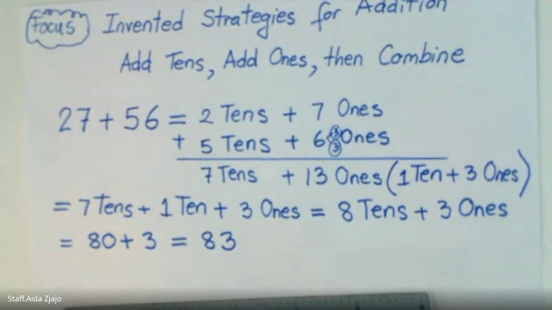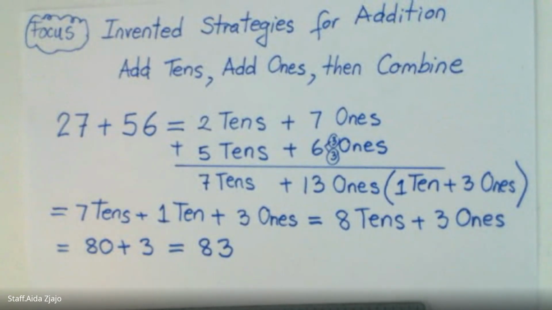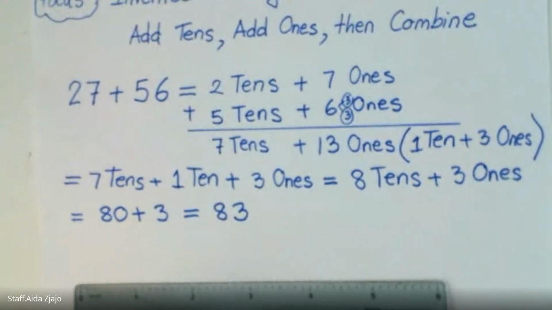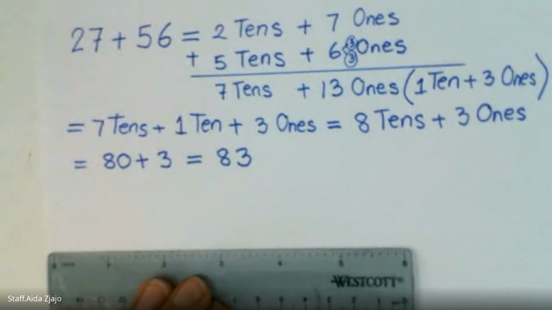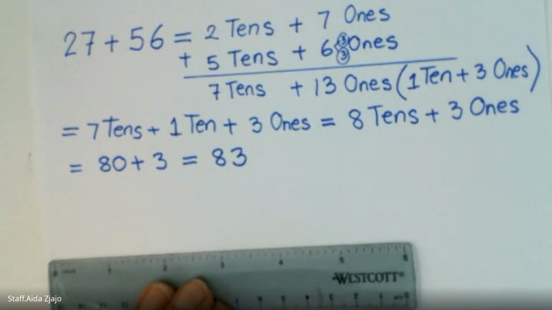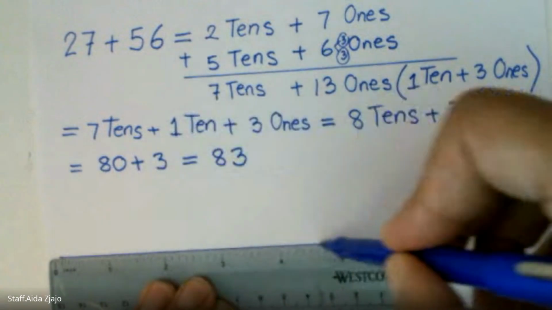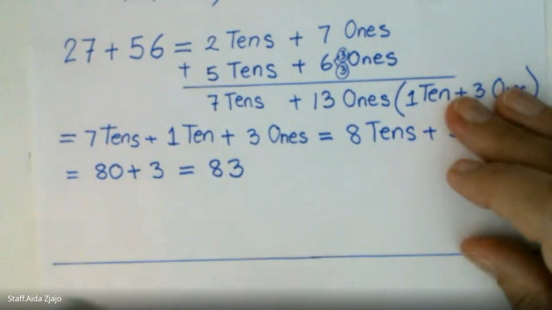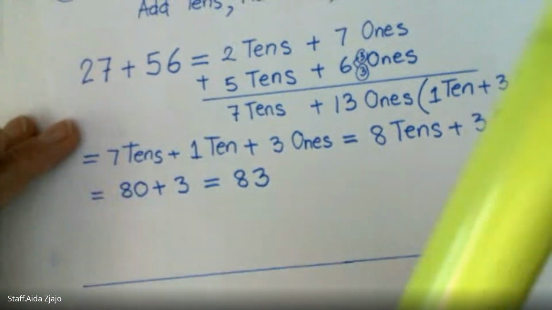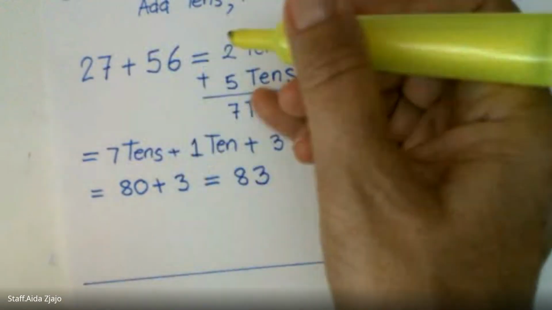So now I'm going to do this also on a number line. So let's see if I want to add 27 and 56 on a number line. I can draw an open number line, and I'm thinking, which number is greater? Is it 27 or 56?